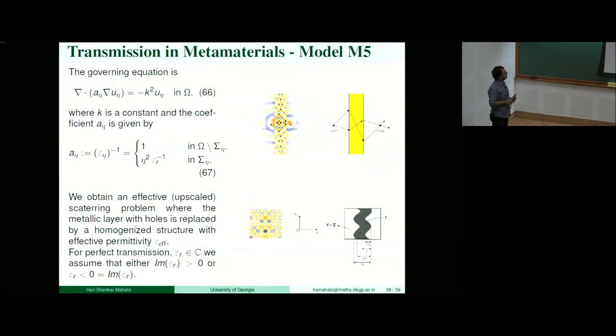We have these electromagnetic waves passing through this slit kind of structure, and from there we end up with equations of Helmholtz type, where your A eta is given in this way. If we consider this slit, then our A eta will be given in this way, and if we are outside this slit, then it is basically 1.